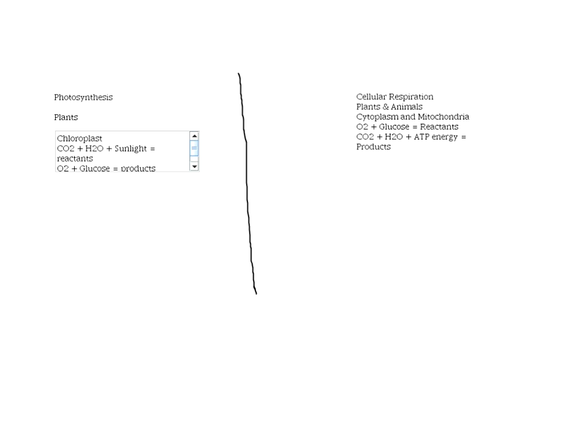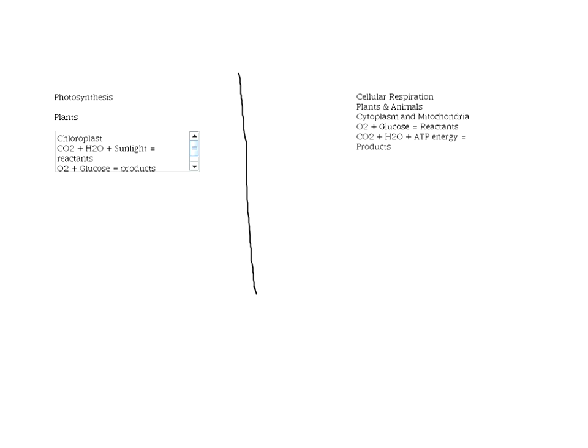Photosynthesis is going to use as reactants carbon dioxide, water, and sunlight. Cellular respiration uses oxygen and glucose. Photosynthesis produces oxygen and glucose as the products. Cellular respiration produces carbon dioxide, water, and ATP energy. So they are opposites of one another as far as their reactions are concerned.